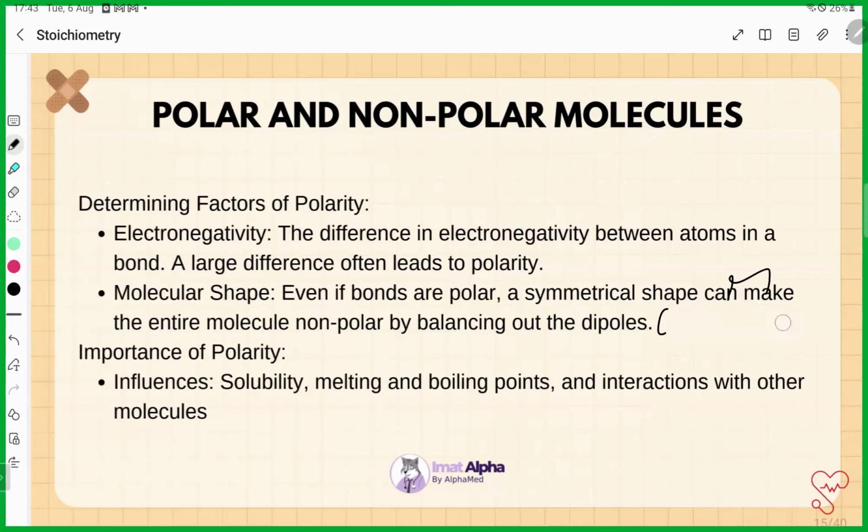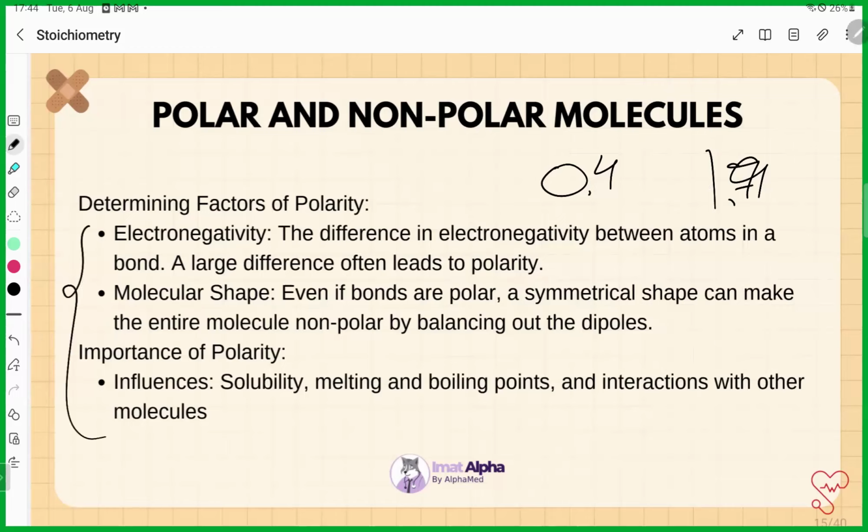Of course, you should take electronegativity as a priority to differentiate between polar and nonpolar molecules. However, if you reach a point, let's say it is 0.4 or 1.9 or 1.7, and you don't know what to do, you've reached the limit. Here you start looking at the shape, and you should take all of them into consideration.